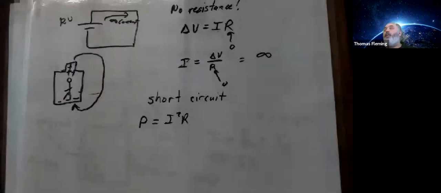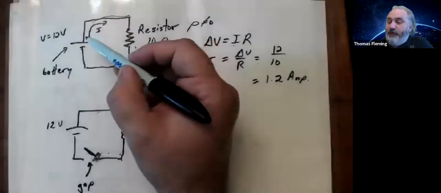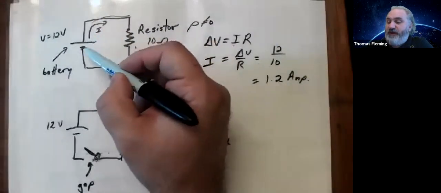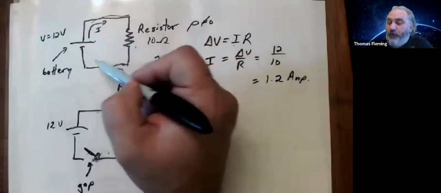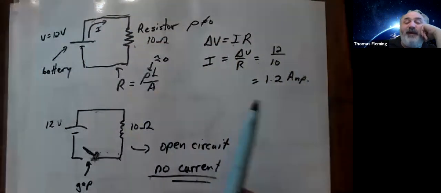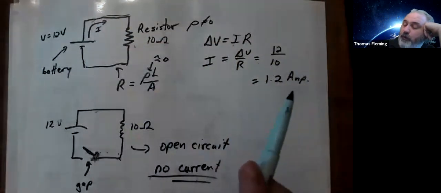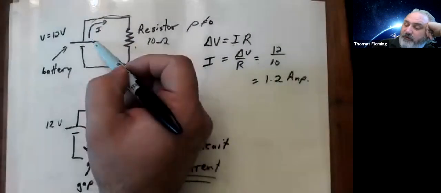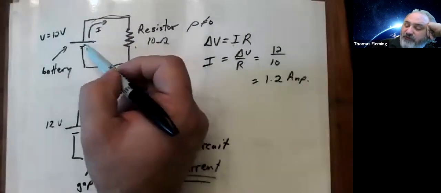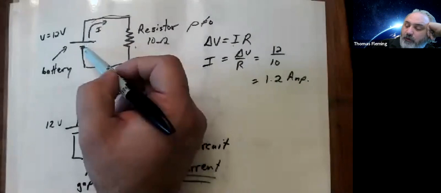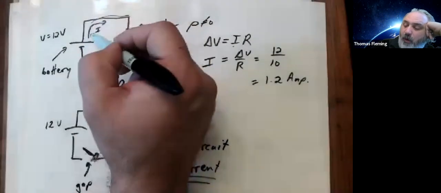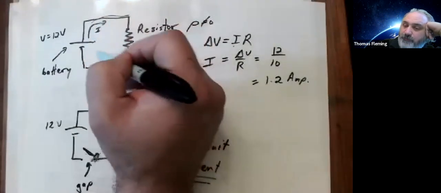And so when we deal with electricity, we're almost always looking at what we call closed or complete circuits, places where we have a path from your positive terminal to your negative terminal that allows current to flow. And in a situation like this, where this positive terminal is always 12 volts and this negative terminal is always effectively 0, the current will always be flowing in the same direction.